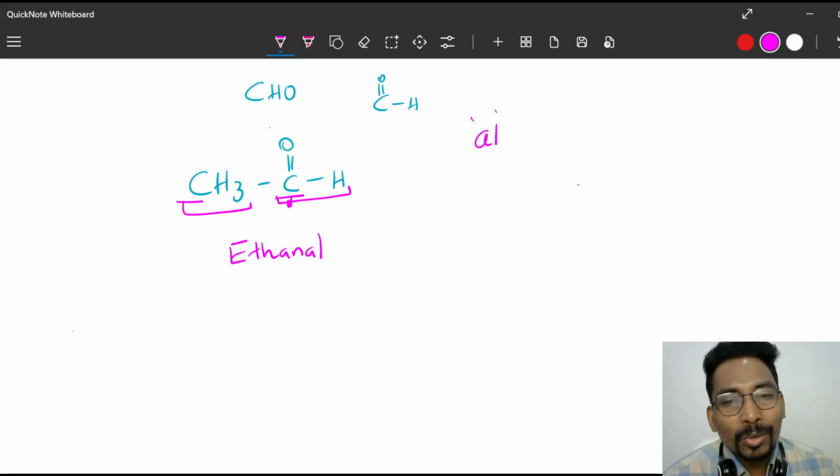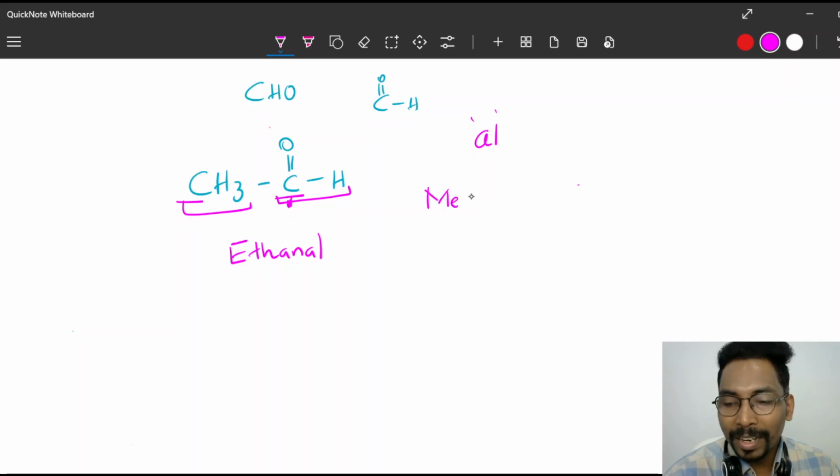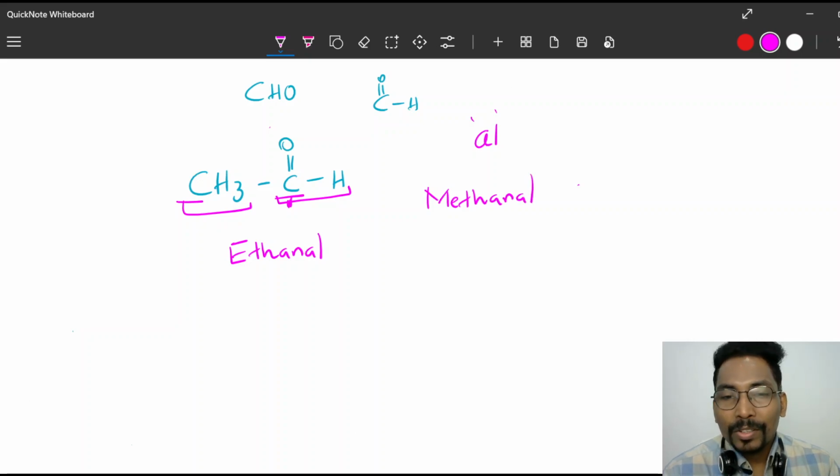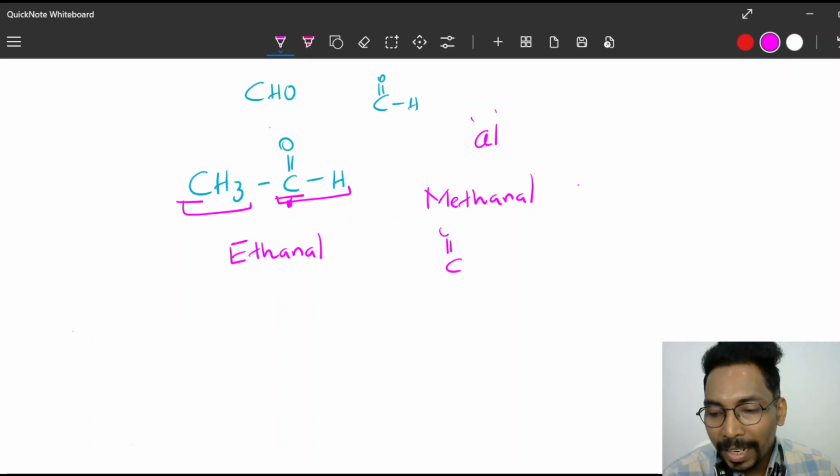How can you draw the structure of methanal then? That's very important. Methanal. In the aldehyde functional group itself, 1 carbon is already there. Then how can you add 1 more carbon? That's not possible. So C double bond OH, here already 1 carbon is there.